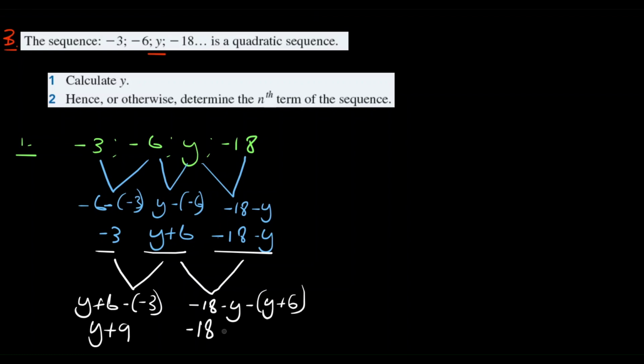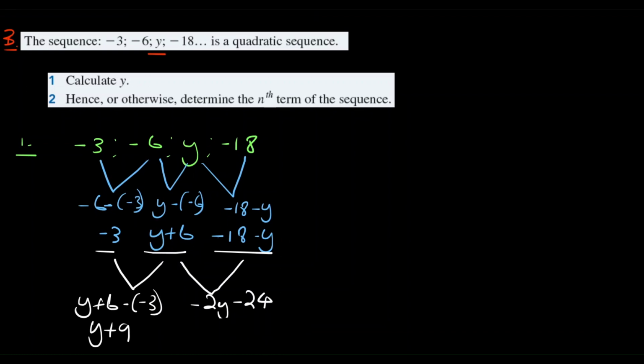Take out the negative, which will be -y minus 6. And we can simplify this to something simpler, so it's not as intimidating. So that gives us -2y, then -18 minus 6 gives us -24, and that will be our row of second differences.